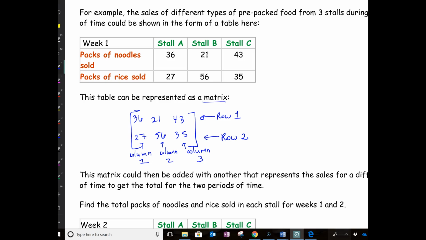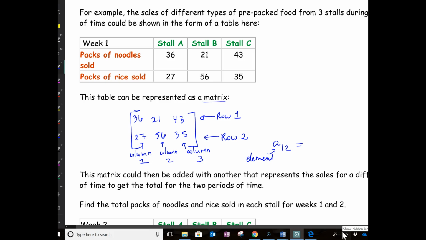Different elements are labeled by where they fit in the matrix. For example, if I'm looking for the element A12, I'm looking for which number corresponds to row 1, column 2. So A12 represents the element in row 1, column 2.